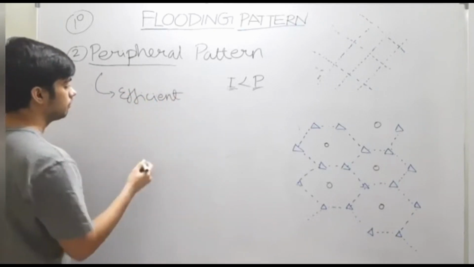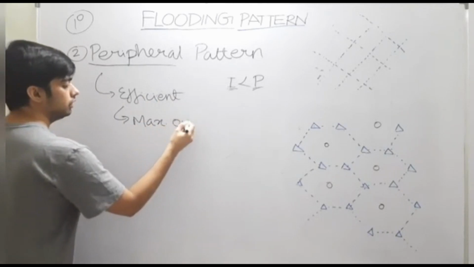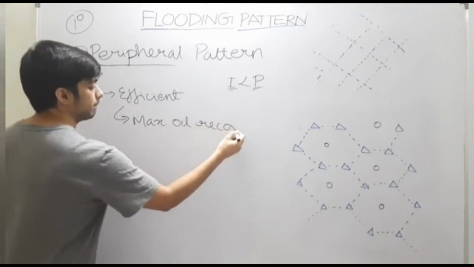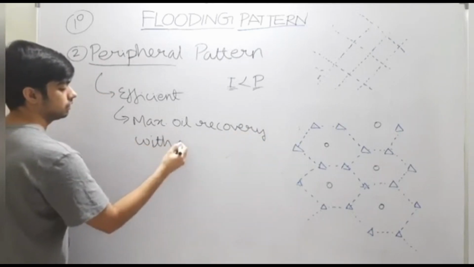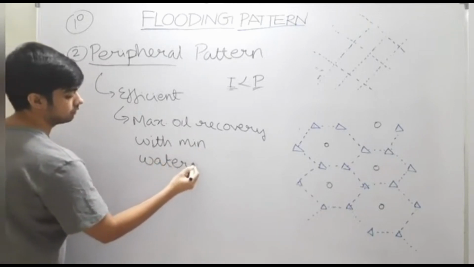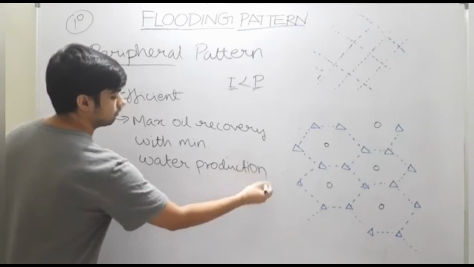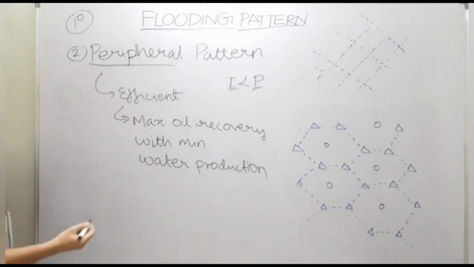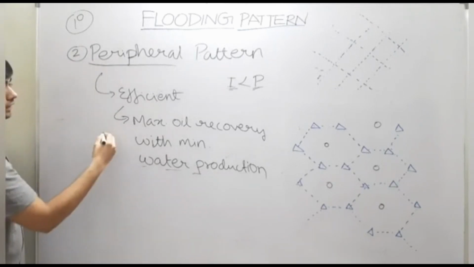Efficient as in you can obtain maximum oil recovery with minimum water production. That is, the water production will be minimum in this case. That is one of the advantages of using peripheral flooding.